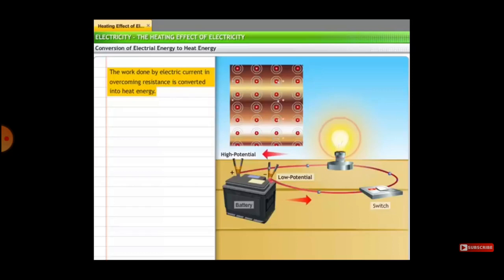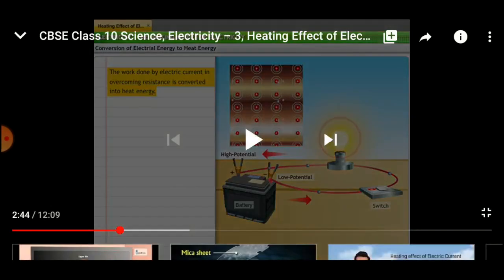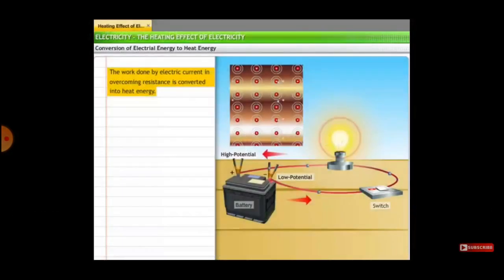When it has a high resistance, the flow of electrons will be resisted by the resistance of the material. In such a case, the electric current opposing the resistance of the conductor will be converted into heat energy. This is called the conversion of electrical energy into heat energy.